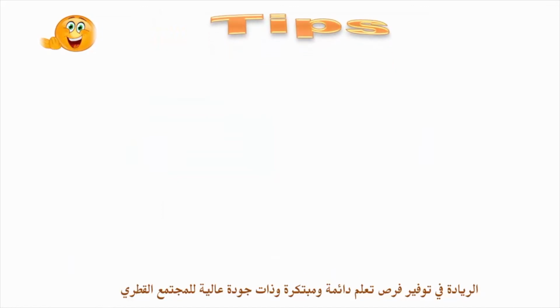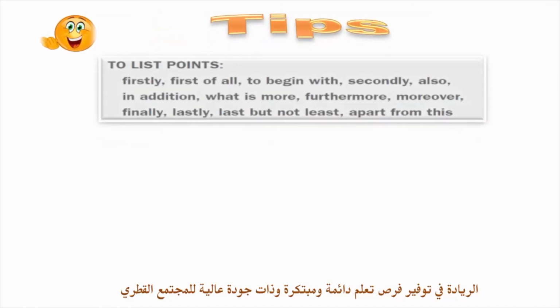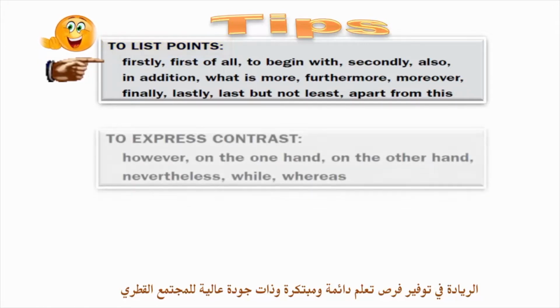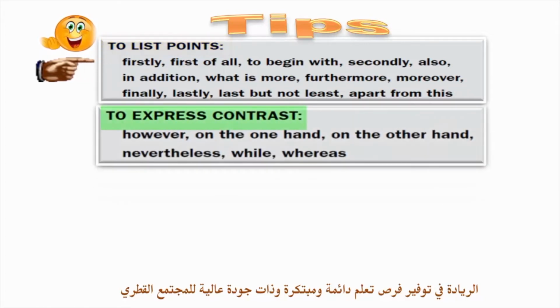Here are some tips before writing. If you want to list points, you can use expressions like the following: firstly, first of all, to begin with, etc. If you want to express contrast, you can use words or phrases like however, on the other hand, nevertheless.